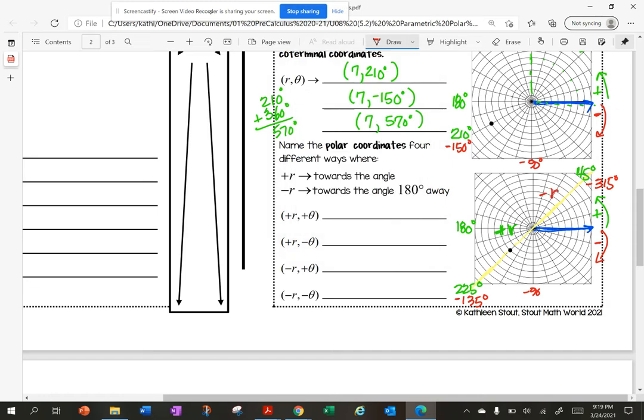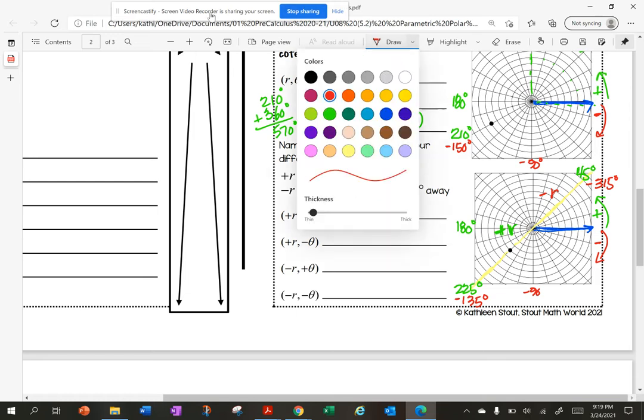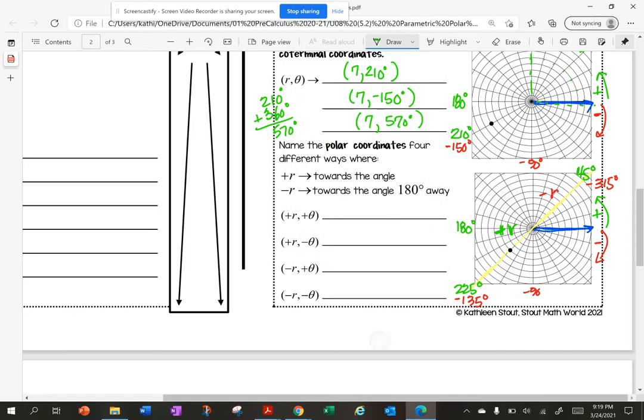So positive R is towards the angle, negative R is 180 degrees away from the angle. So what does R equal? I have four scenarios: a positive R and a positive angle, positive R and a negative angle in the negative rotation, negative R in the positive rotation, and negative R in the negative rotation.